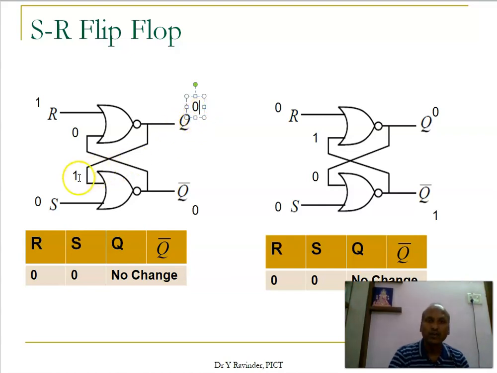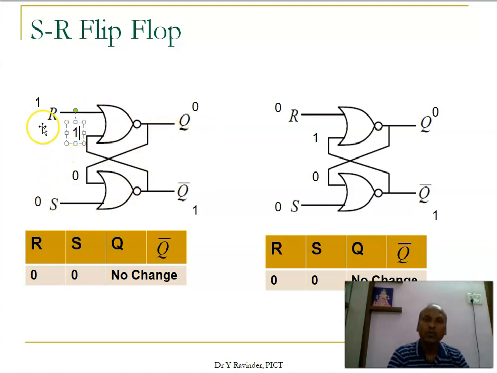When this is 0, this becomes 0. When both are 0, this becomes 1. Then this is 1. This is 1. So 1 1 0. This is now reset because R is 1, set is 0. Now this is the condition.